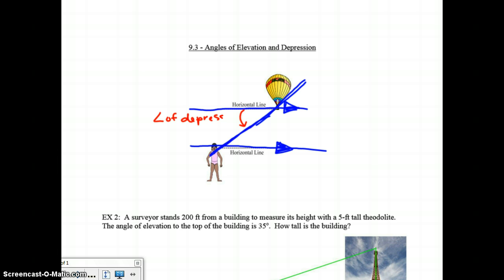So think about being in the hot air balloon and looking down. When we're going forward and then we look down, we have this angle here of depression. And alternately, if we are on the ground, so we're the person looking up at the hot air balloon, this creates an angle of elevation.